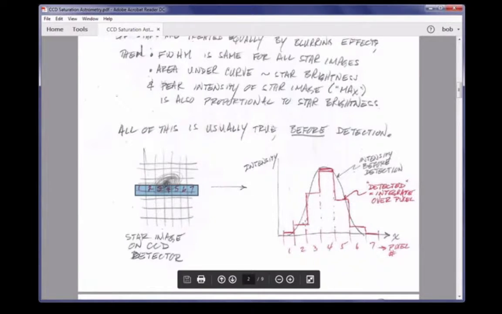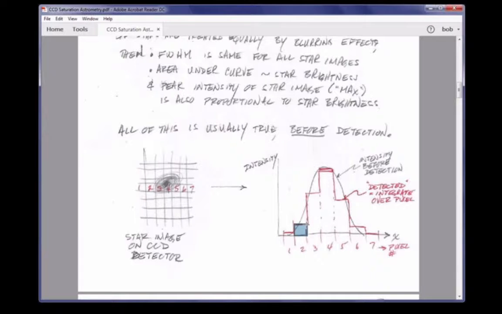If the solid black line here is the photon flux, then each pixel, like say pixel number 2, is going to integrate that photon flux over the area of the pixel. And then pixel number 3 is going to integrate that smooth bell-shaped curve over the area of pixel number 3.